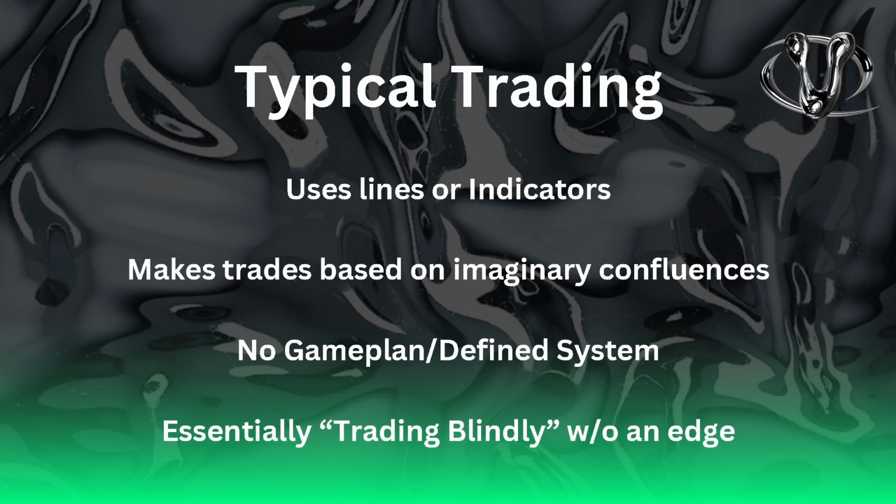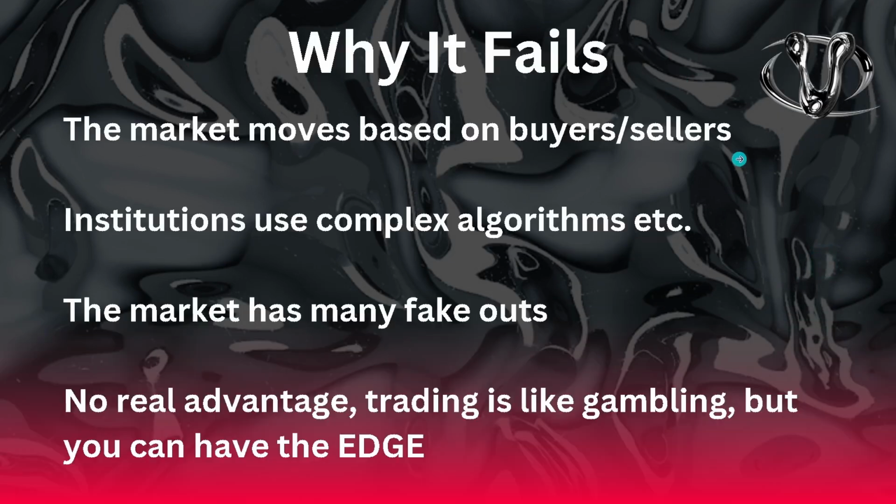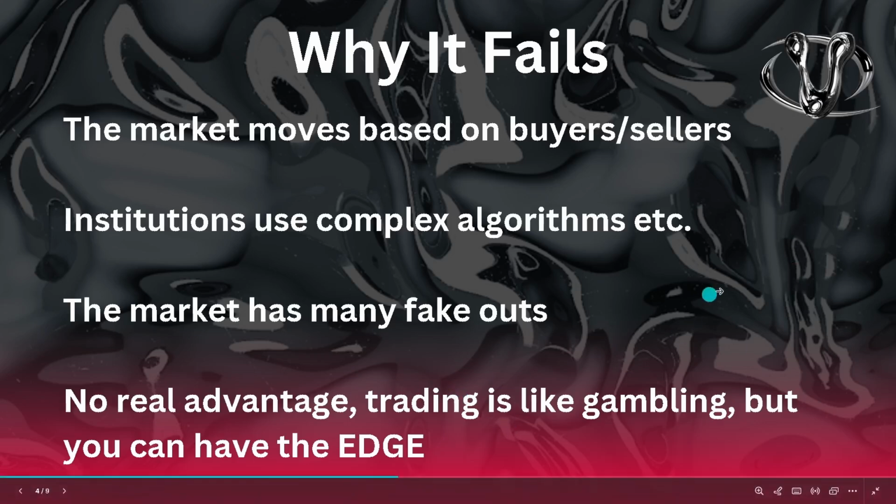They don't actually have a true idea on what's going on behind the scenes, what it is that buyers or sellers are doing. They don't understand that institutions use many different confluences and that it's a game in the long term rather than in the short term. You need to have that edge.